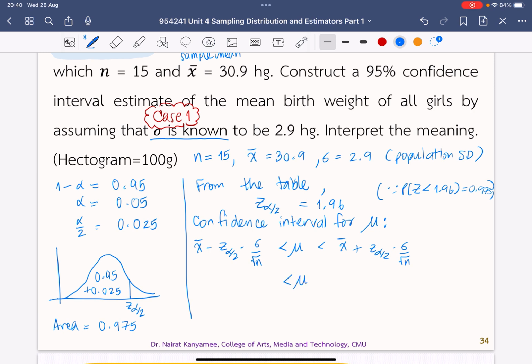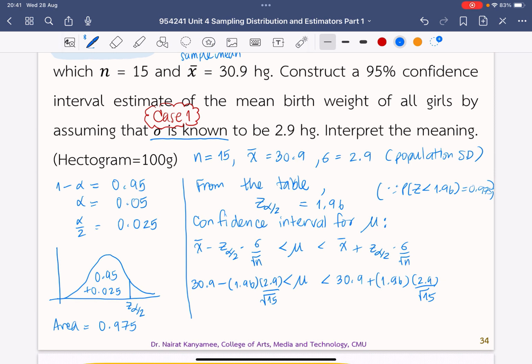So mu is going to be greater than, substitute 30.9 for x bar, minus z is 1.96, sigma we know it as 2.9, square root n is square root 15, and less than x bar, which is 30.9, plus 1.96 times 2.9 over square root 15.